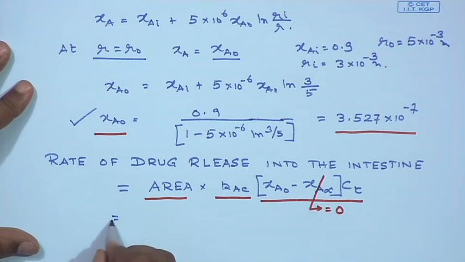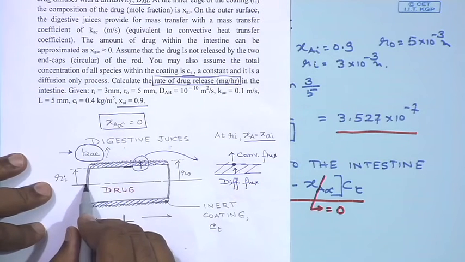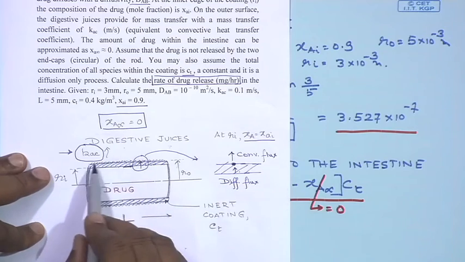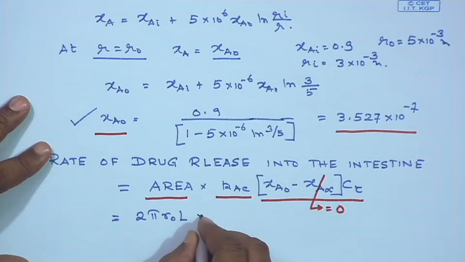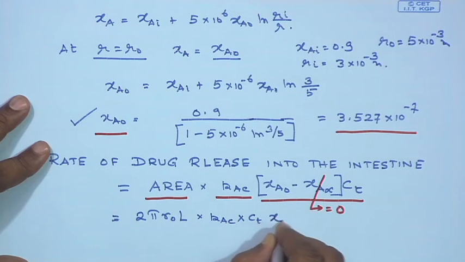If I put the expression for area, it is a cylindrical area, and only the side area is going to contribute. The end caps do not contribute to the movement of the drug. So, the outer area is going to be 2 pi R_0 times L, times K_AC times C_T times x_A0.